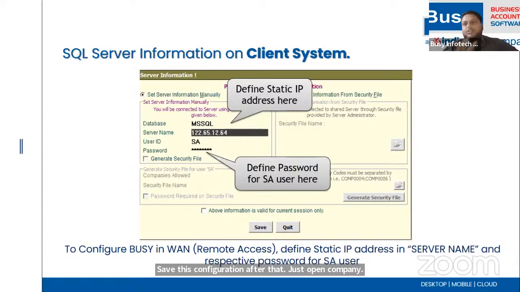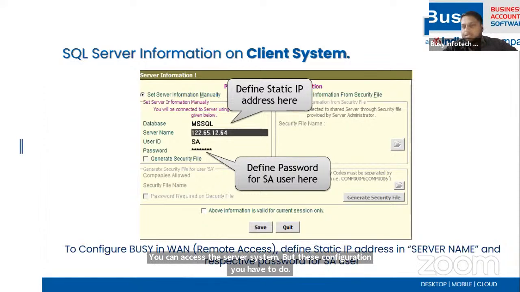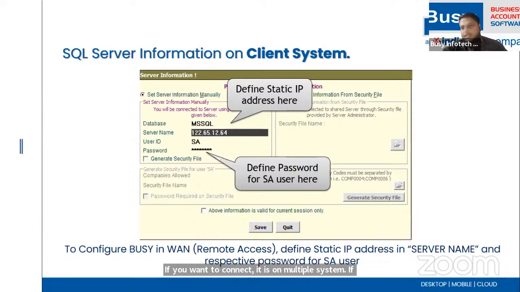So these configurations you have to do if you want to connect Busy on multiple systems with the SQL database. On the server system, configuration one is to install the SQL setup. Second, you have to configure the LAN card with the local IP. After that, you have to open Windows Firewall, turn it on and create the inbound and outbound rule.